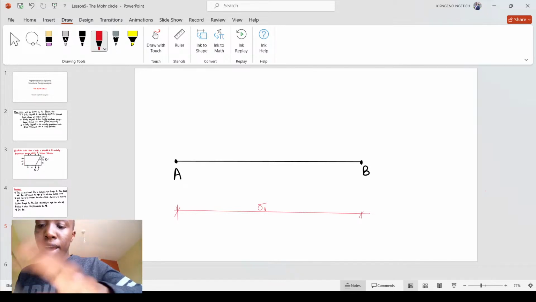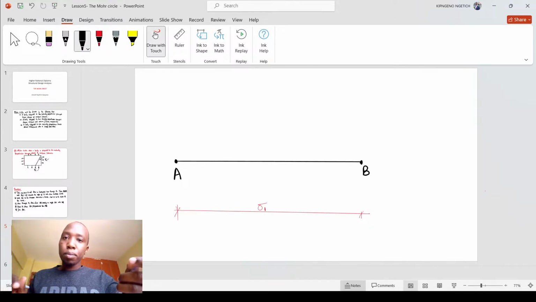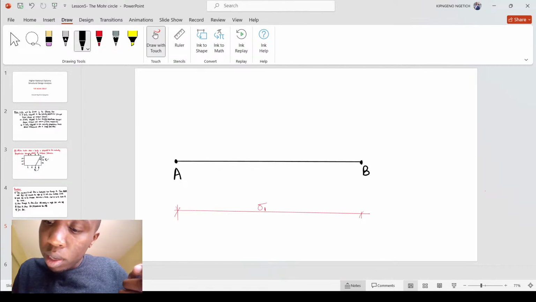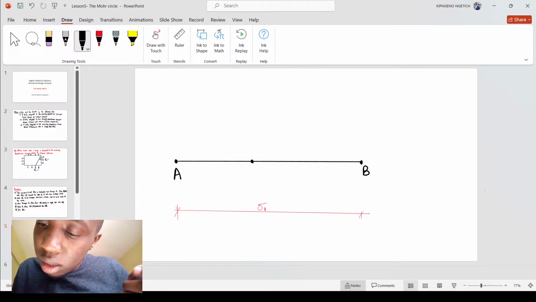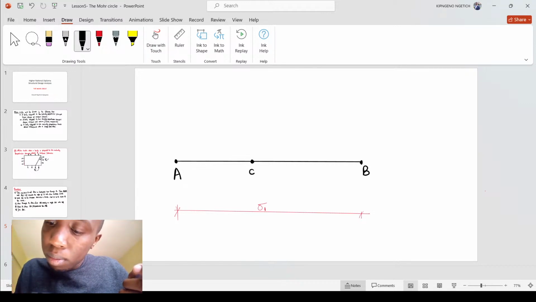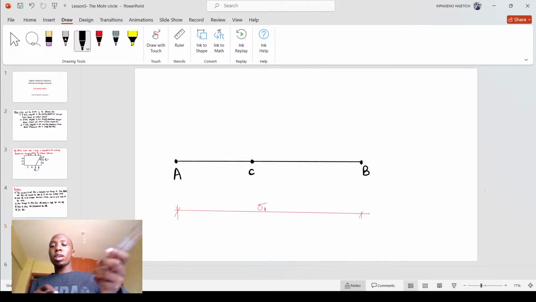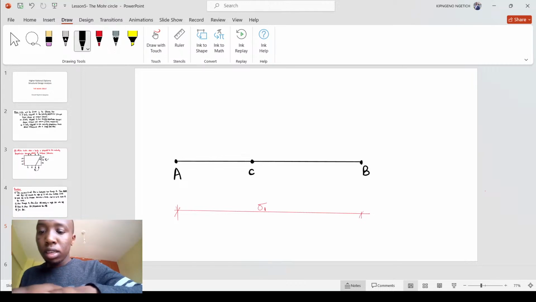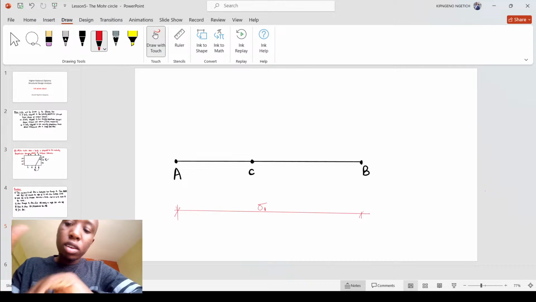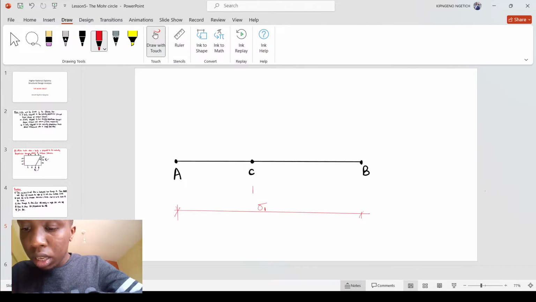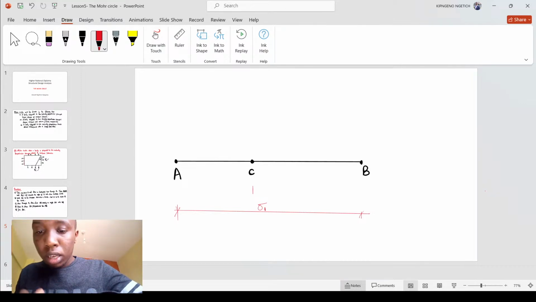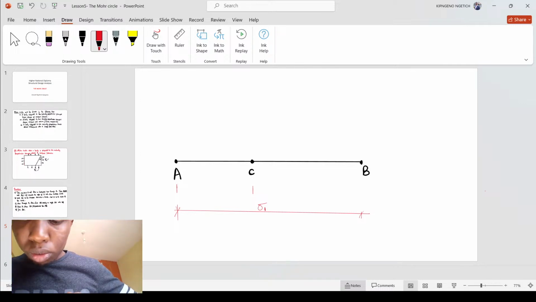So I can have my C here. If that is my C, then this will be stress 2, AC. AC will be stress 2.